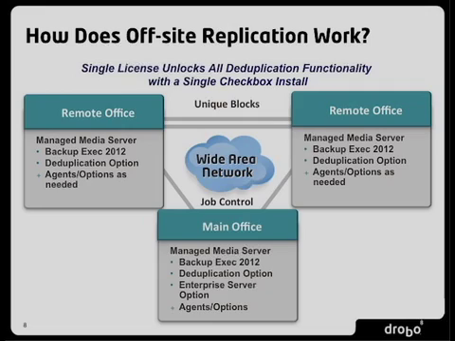In terms of looking at how offsite replication would work, this is a little bit of a build slide, so I'll go ahead and build it out here. At your main office, you manage it. You have the deduplication option that's there. When it comes to the remote offices, how is that managed?